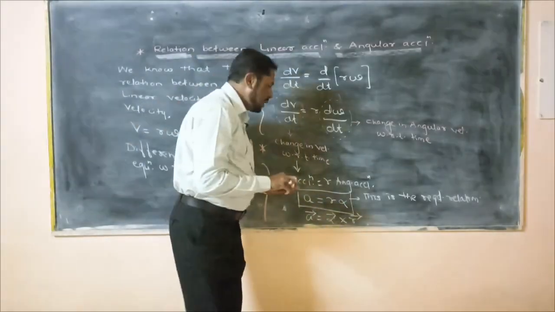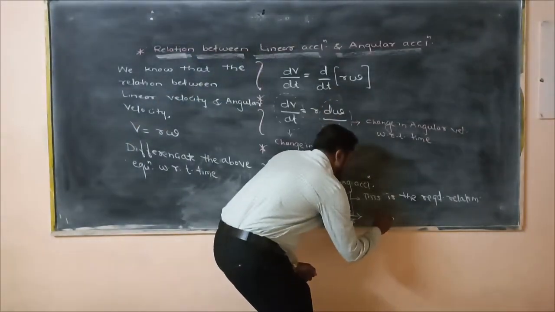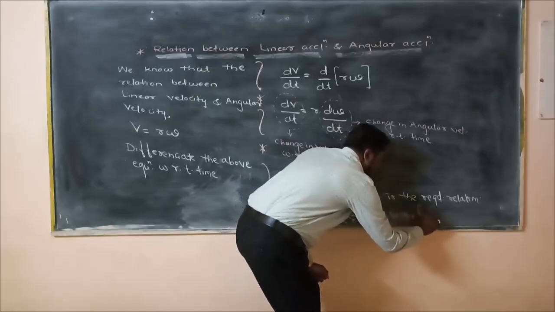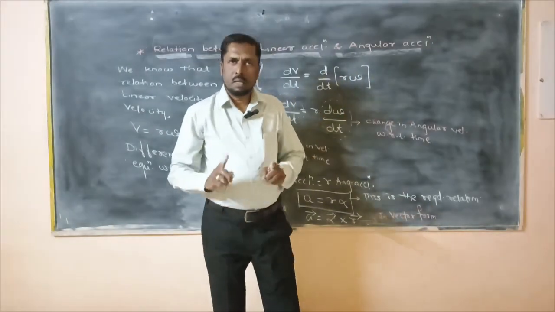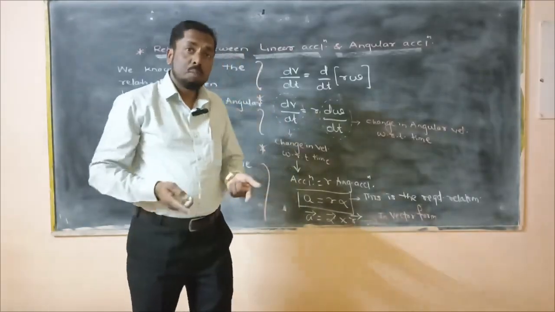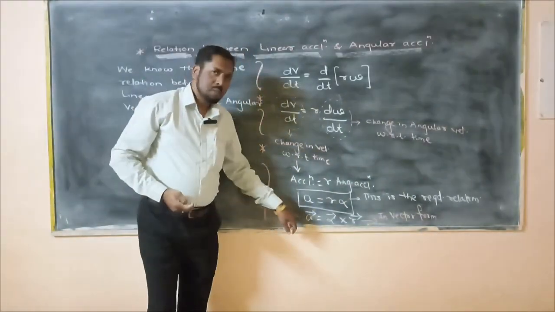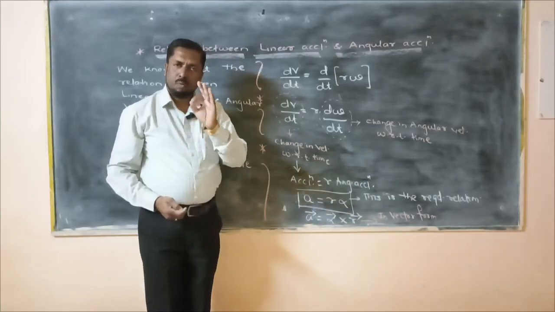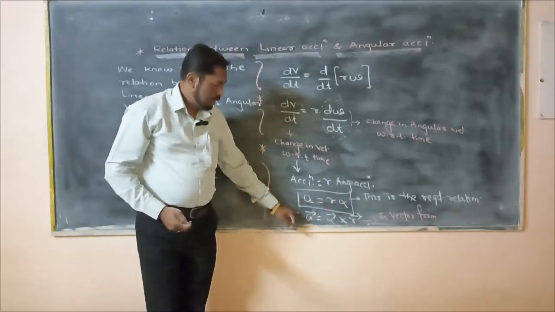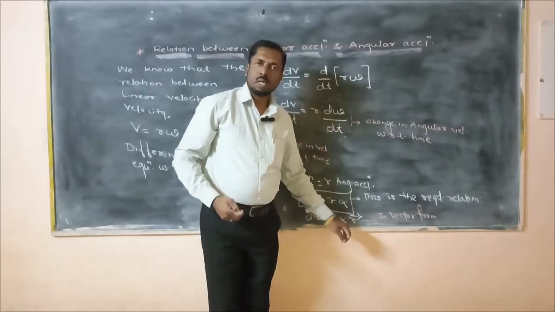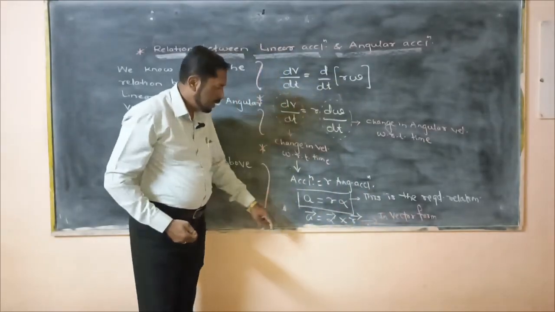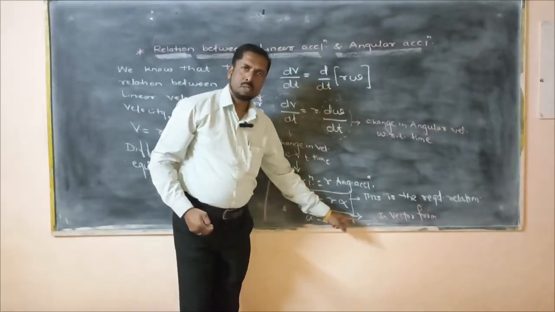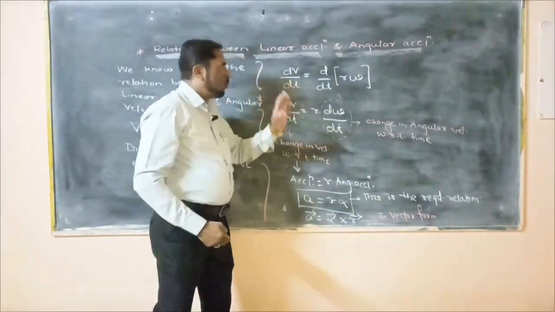This is in vector form. We have 1 mark questions, we have 2 mark questions also. Sometimes in the HSC board, a question may be asked: write the vector form of linear acceleration and angular acceleration. So the vector form is vector A is equal to vector alpha cross vector r. Okay, watch it carefully.